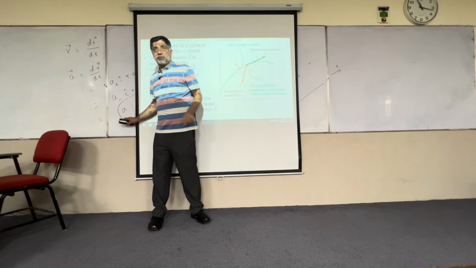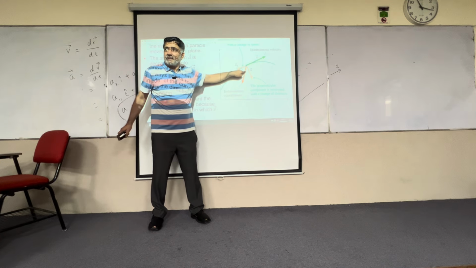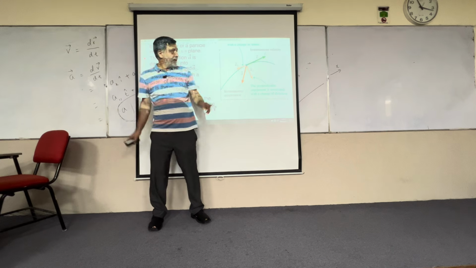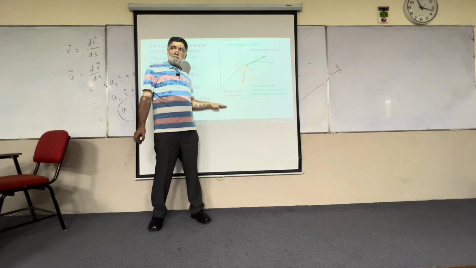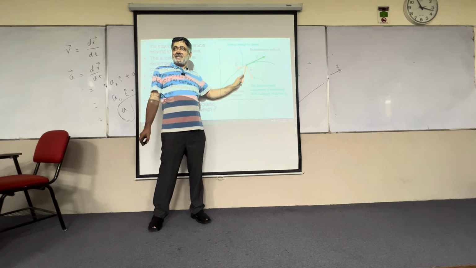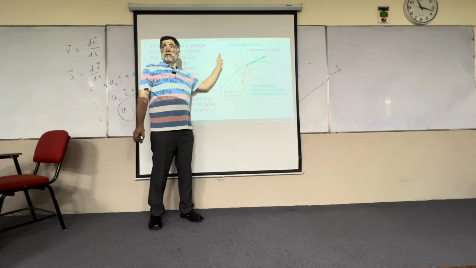So this last line is to be in line with this magnitude, direction. Second line is in line with these two, and the third line will be if I have a component of acceleration along this x-axis and along this y-axis.